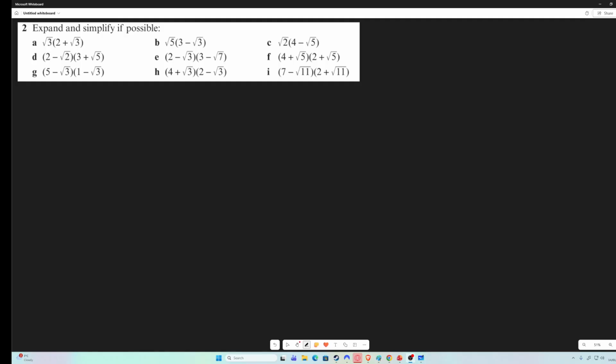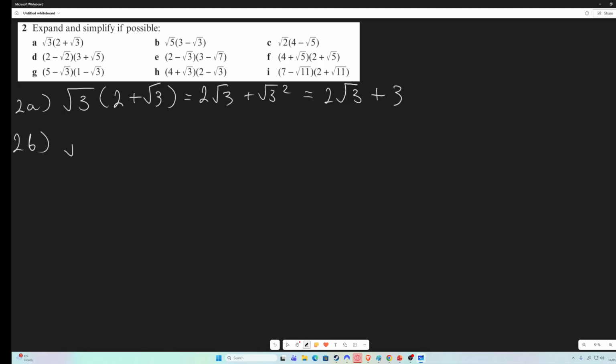Question 2, expand and simplify. So let's start. 2a, root 3 times 2 plus root 3. So that's 2 root 3 plus root 3 squared, which is simply 2 root 3 plus 3. 2b, root 5 times 3 minus root 3.